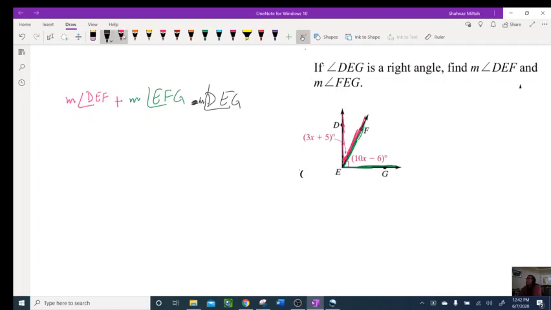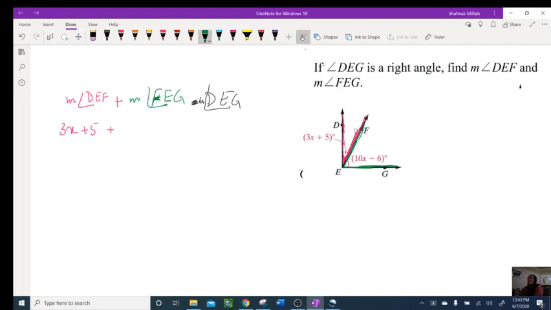Okay. Now whatever we know, plug it in. DEF is equal to 3x plus 5 plus FEG. Do you see, I did this wrong. E is supposed to be in the middle. So that's FEG.